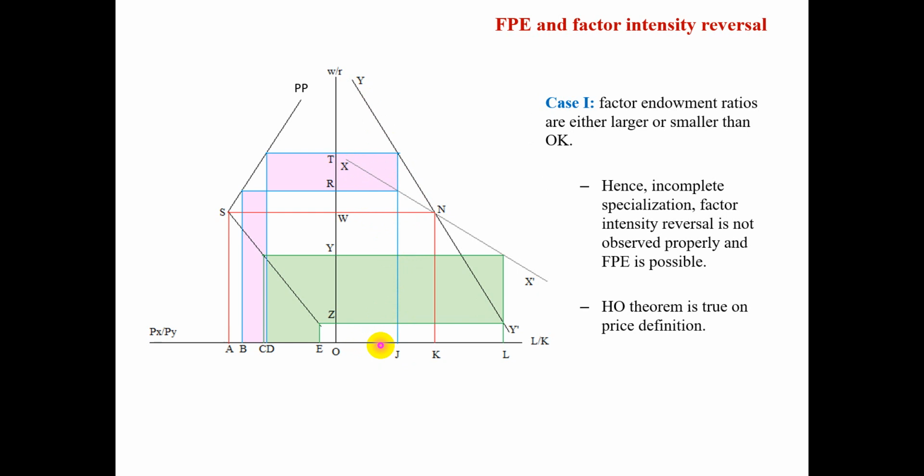And if there is any overlapping zone, then once again factor price equalization will be possible. So here we get one very important result, that even if you have factor intensity reversal, that does not necessarily mean that factor price equalization will not be possible. So it is possible in this case.